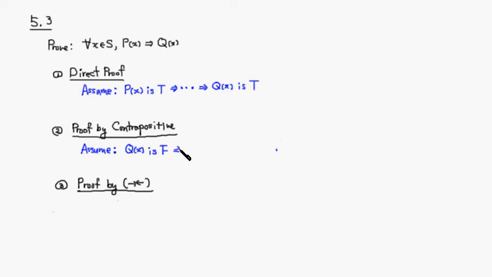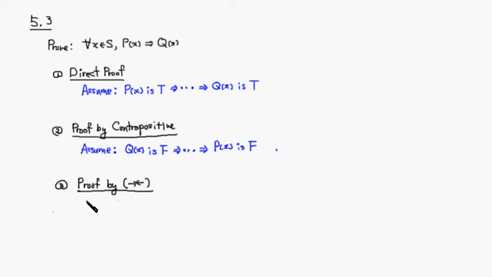Then you make an argument that this is going to lead to the conclusion that P of x is also false.